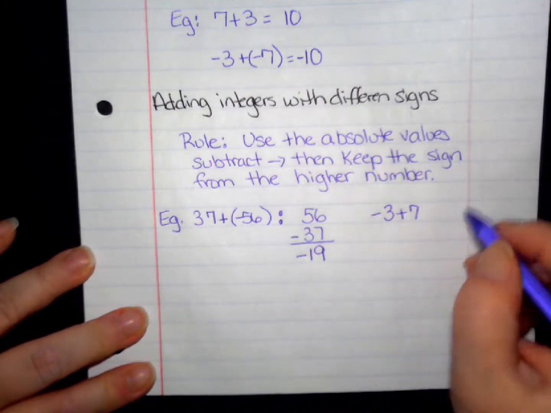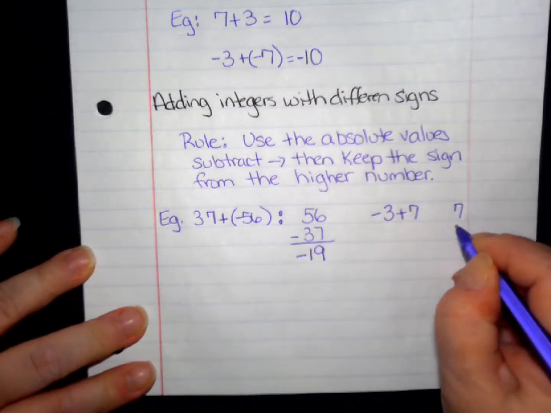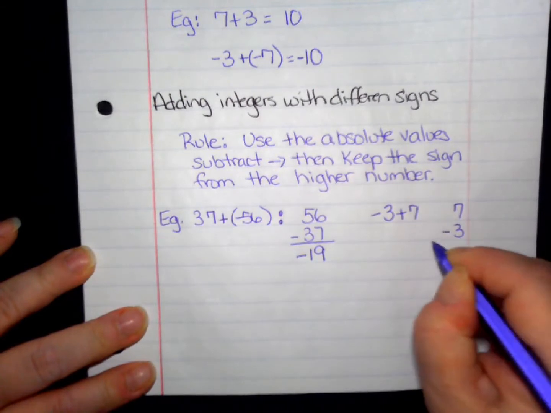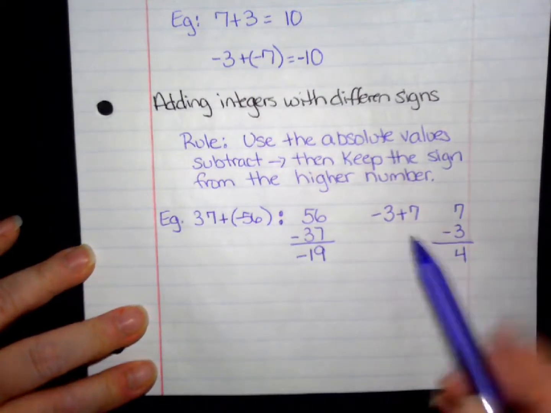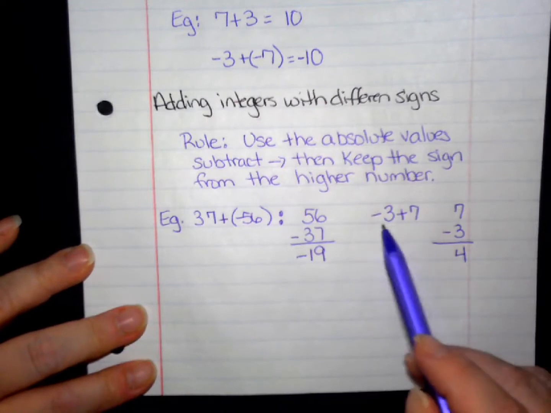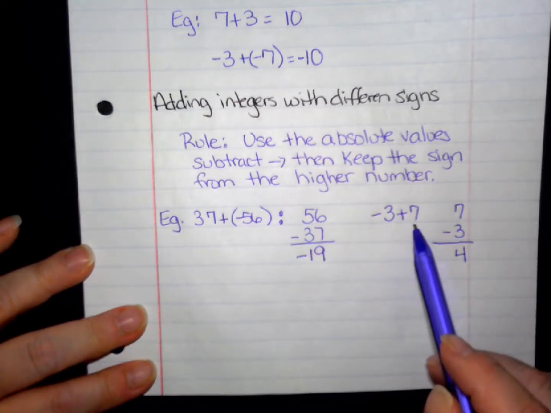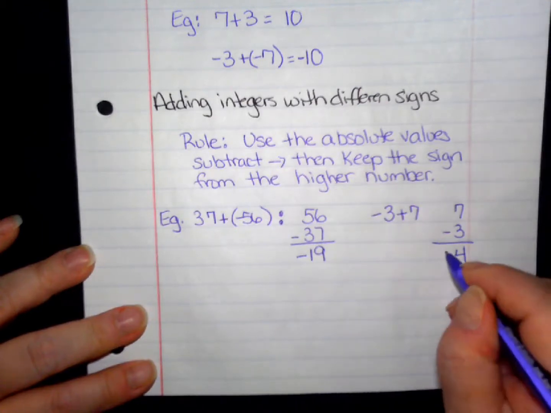So I'm going to subtract 3 from 7, and I get 4. And then I look back at my problem. Which number has the higher value? It's the 7. 7 has a higher value. And so this is a positive 4.